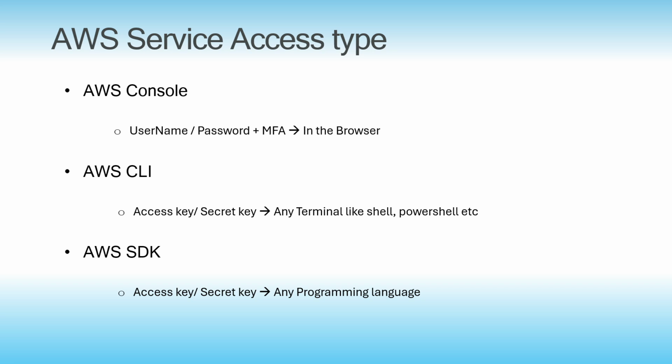To access that bucket from your Java code, the SDK library should be added to your code base, and from the code you need to pass the access key and secret key. Then you can communicate directly from your code to the S3 bucket. So these are the three ways to connect to AWS.